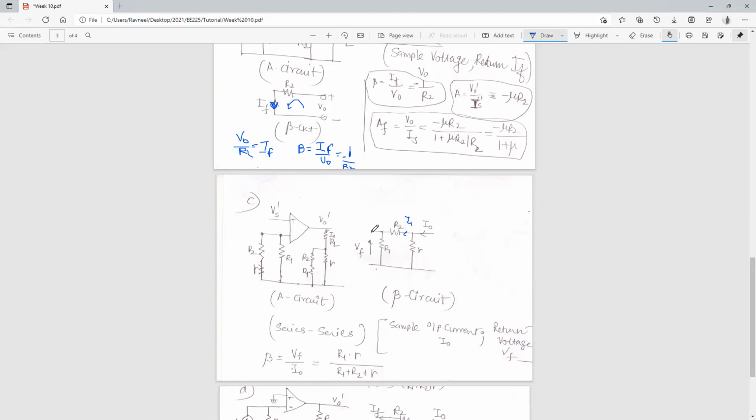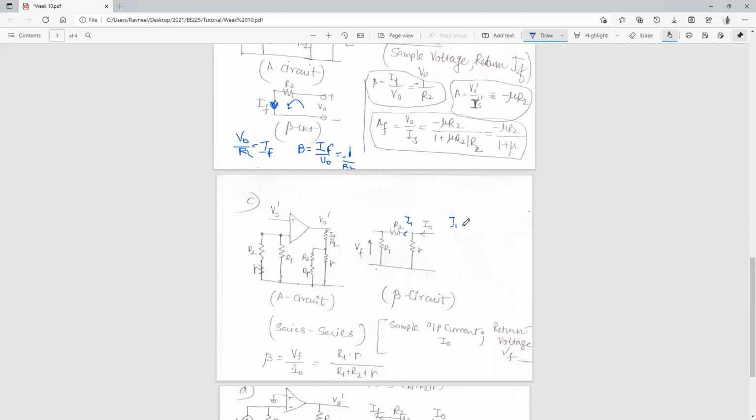You are just measuring the voltage across this particular point. If you find your current across this branch, R2 and R1, using the current ratio, that will be the resistance in the opposite branch. The opposite branch is here.